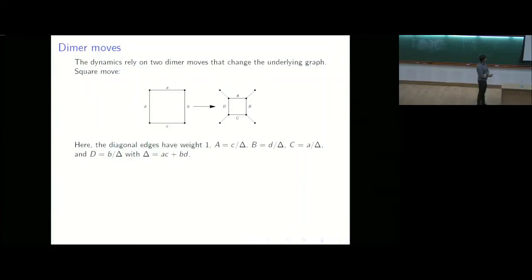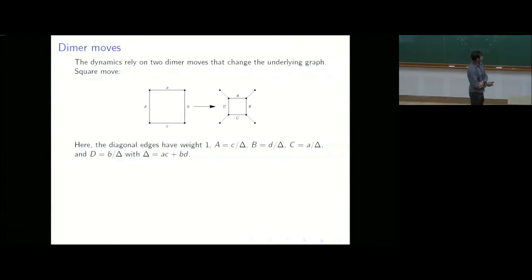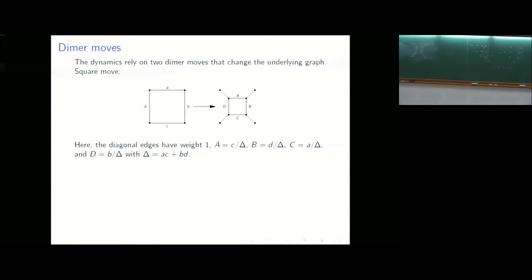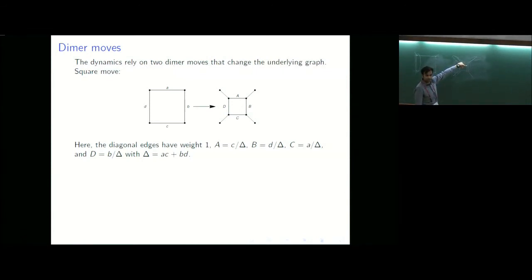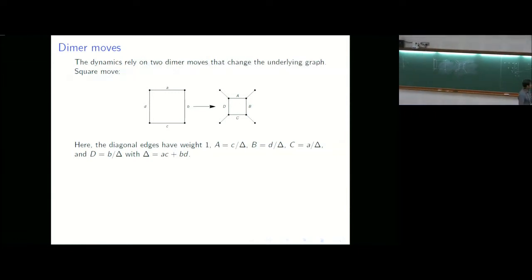Okay, so what happens to the edge weights? If we have small a, small b, small c, small d, the edges on the legs have weight 1, and the edges are given by capital A, capital B, capital C, and capital D. As we see from our picture here, this one has weight small d, so we need this edge here to be proportional to small d, and etc. for the rest of the weights.